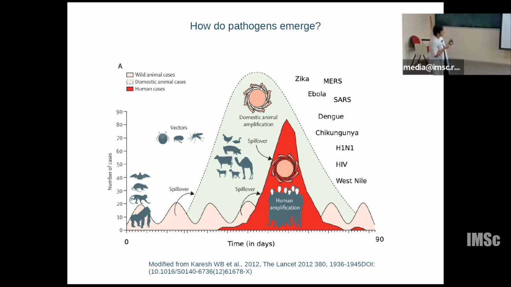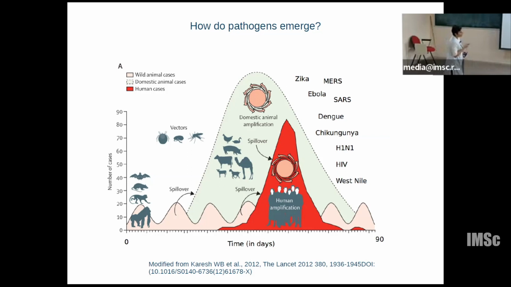And every once in a while, this virus then comes into contact with domestic animals, vectors, or other amplifying hosts. And when this happens, the virus then has to adapt. So for a successful spillover to happen, you would want this virus to adapt to a new host and amplify, preferably amplify in that host, so make a lot of copies of itself. So enough of that virus is available for a second spillover event into human beings, right?